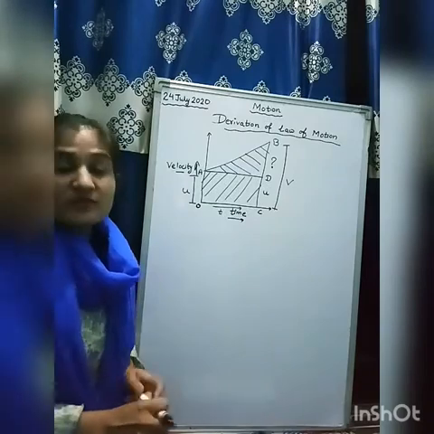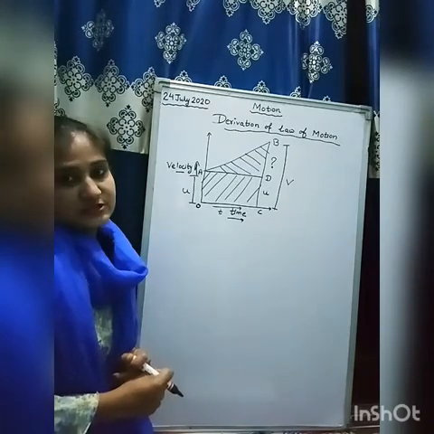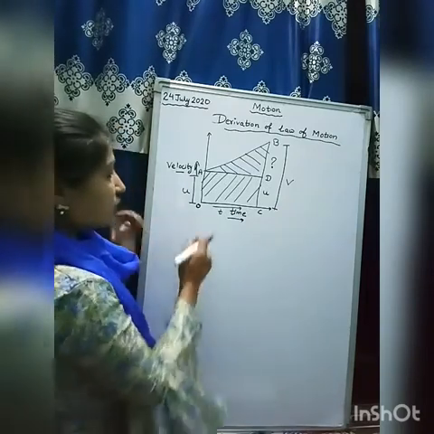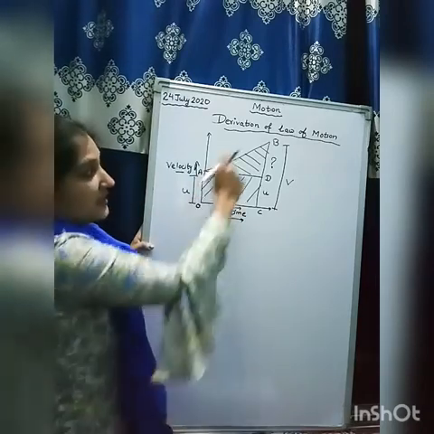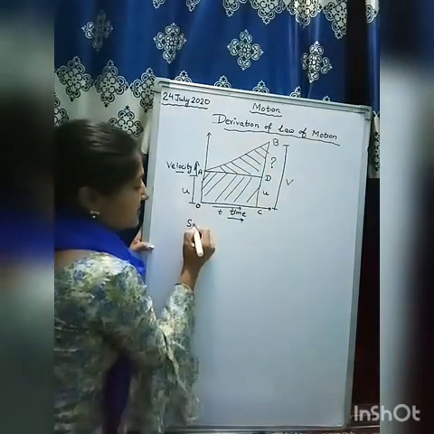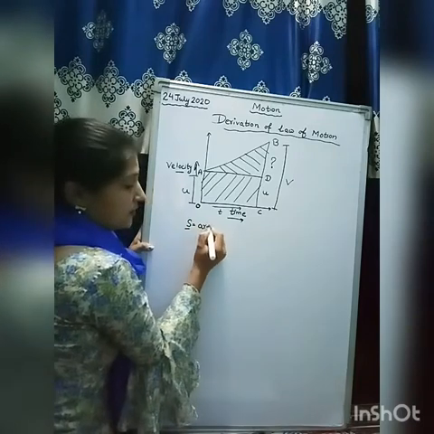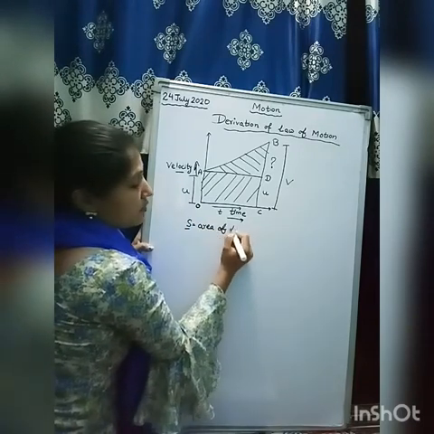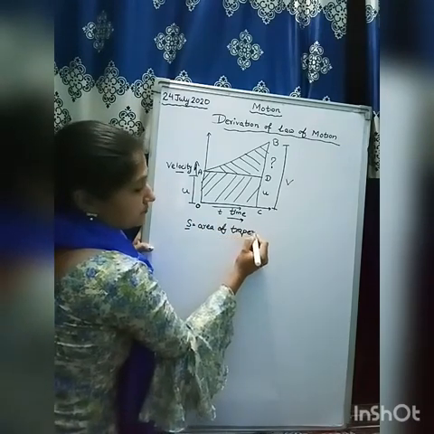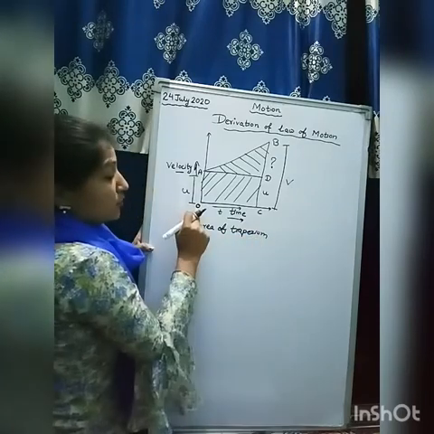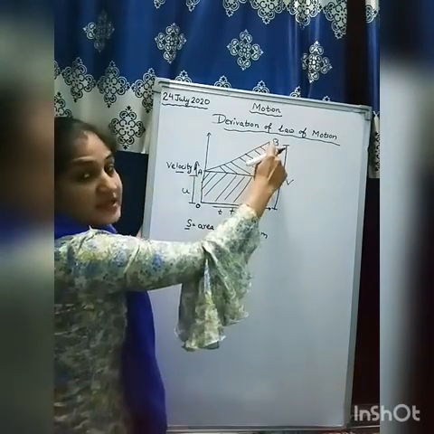So now we will derive the third equation for the law of motion. For this, again we will take the area of a trapezium. S is distance, which is equal to the area of trapezium OABC.